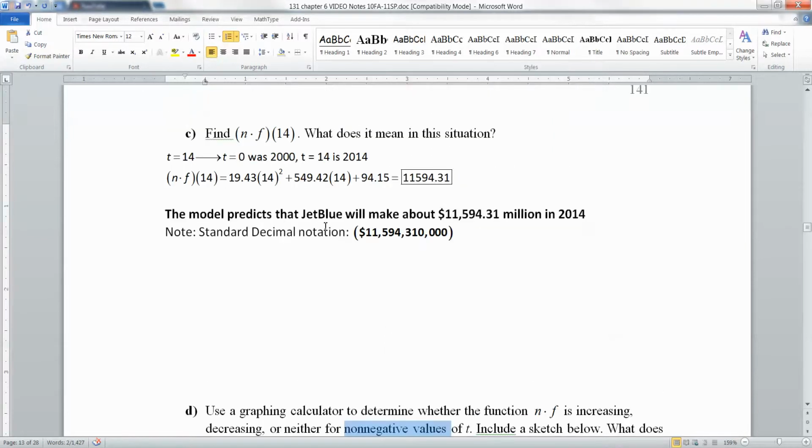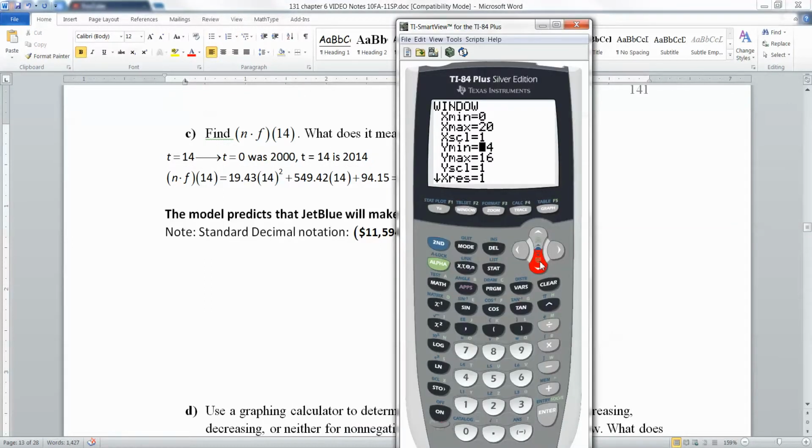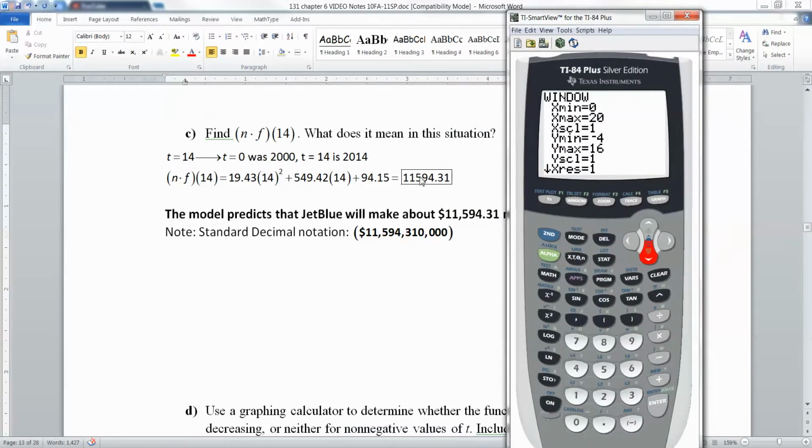I mean, we go to 14 for this problem, so let's go to 20. And then this is talking about revenue, and you can see that even at 14, I'm in the tens of thousands. So I'm going to go 0 to, let's try 20,000. We don't know what this is going to be, but we'll find out. And then let's try 5,000 for my tick marks. That'll give me 4 tick marks altogether. Let's graph.